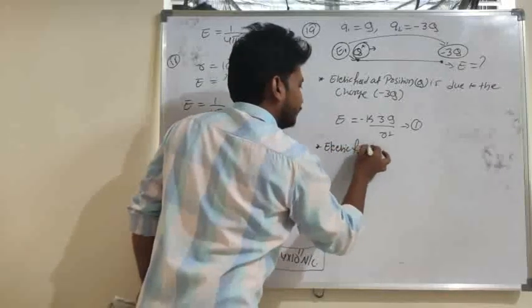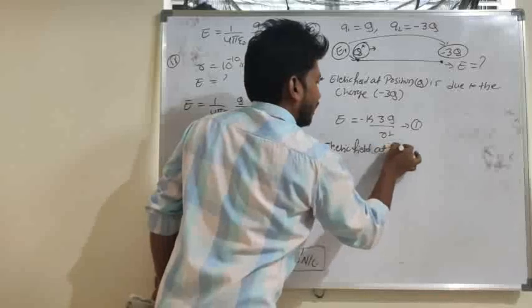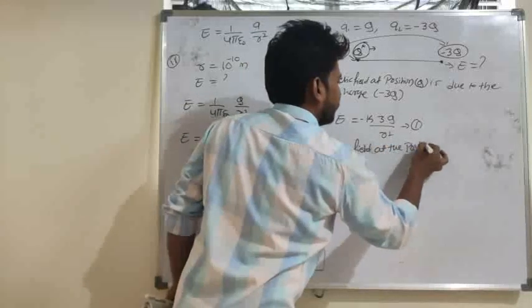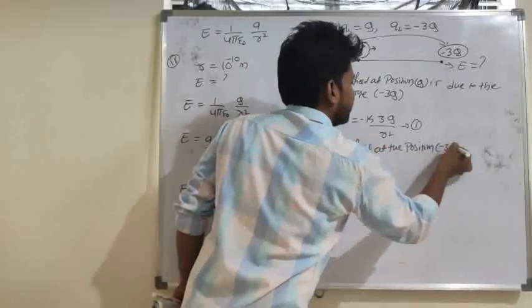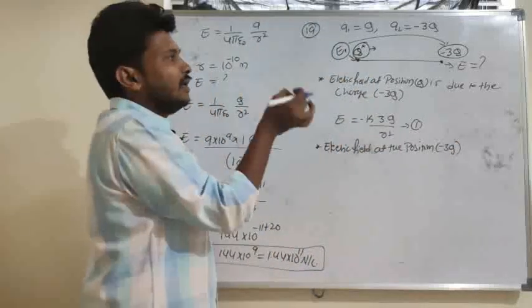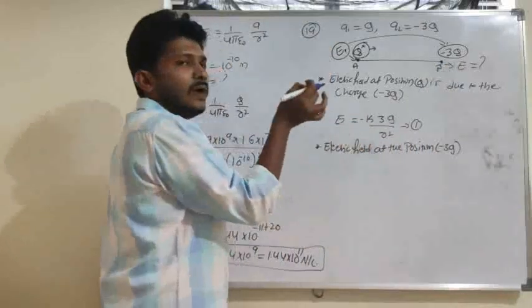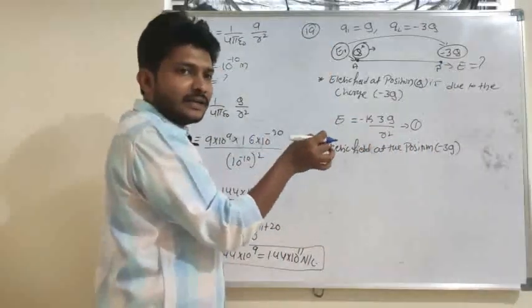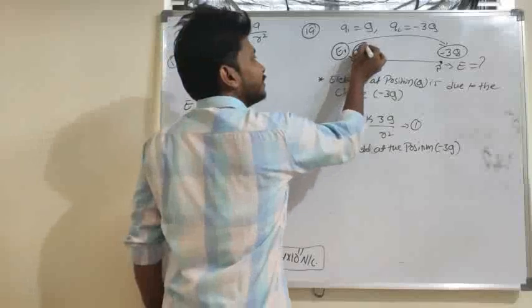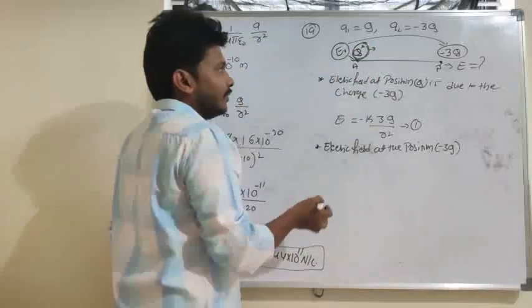Electric field at the position of minus 3q. Say they mention point A or point B. At point B I will get an electric field, and that electric field is responsible for the charge q.